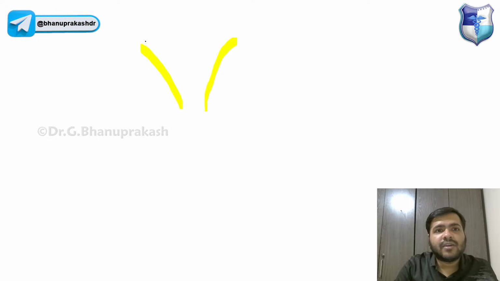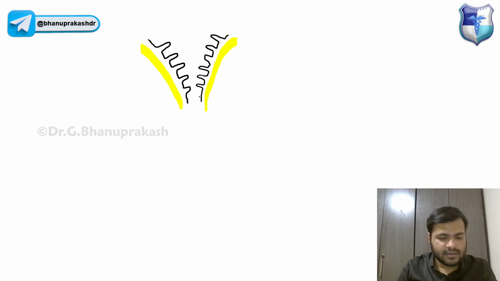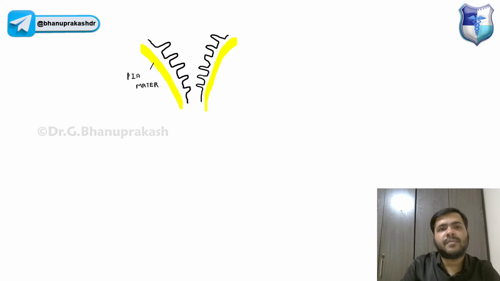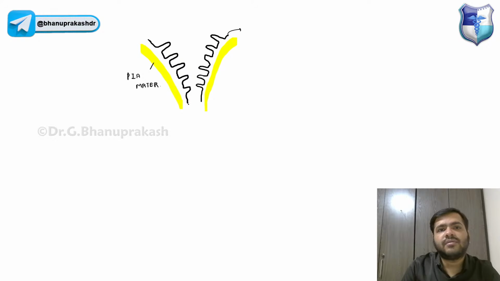This arachnoid matter will have these finger-like projections which you can see, and these are called villi, on both the sides. So I am trying to draw both. This is the pia matter, and this is the arachnoid matter.